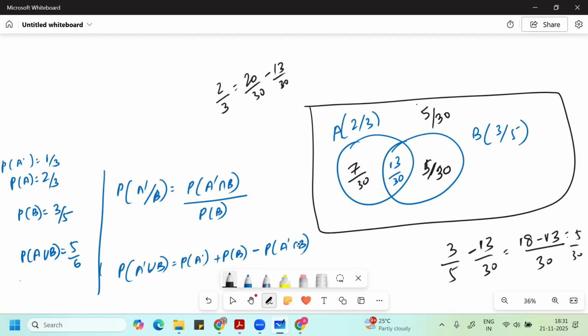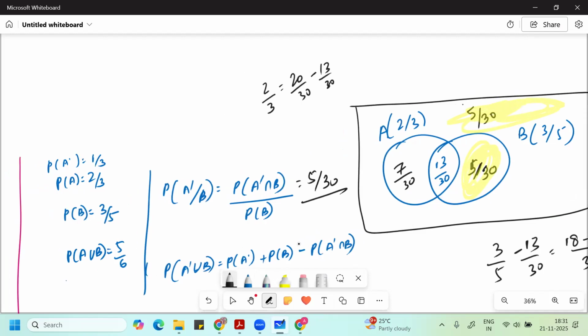So what they're asking you, A dash intersection of B. So which is not the part of A is this area, and this area, not the part of A. So A dash intersection of B would be 5 by 30 because it is common between B and not the part of A. So this is equal to 5 by 30 divided by B. B is 3 by 5.